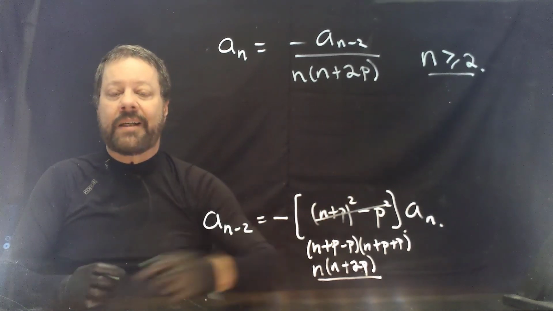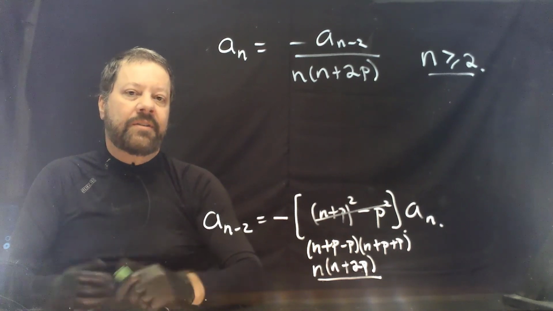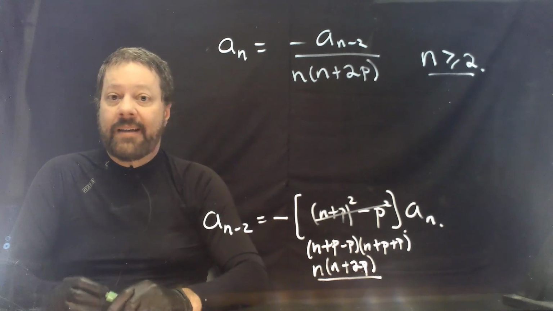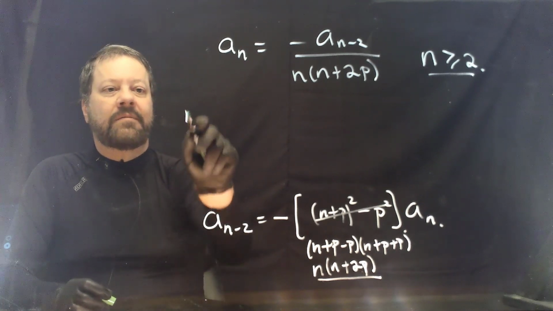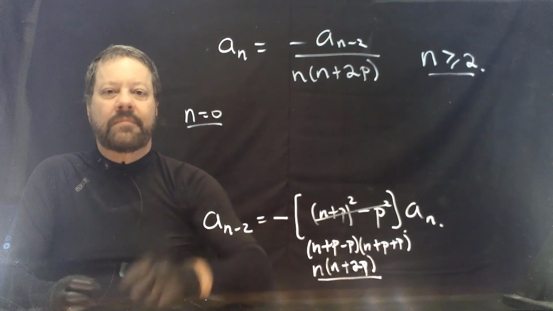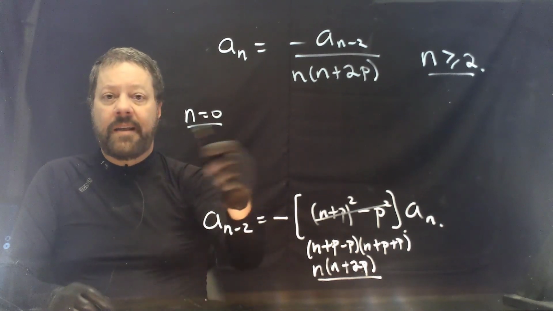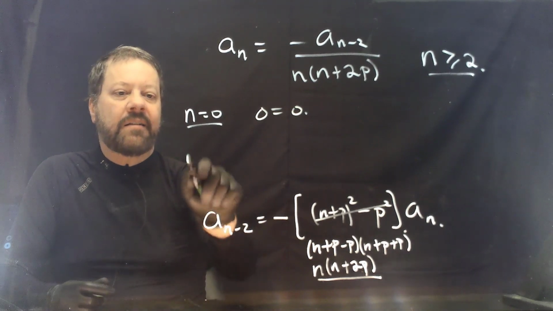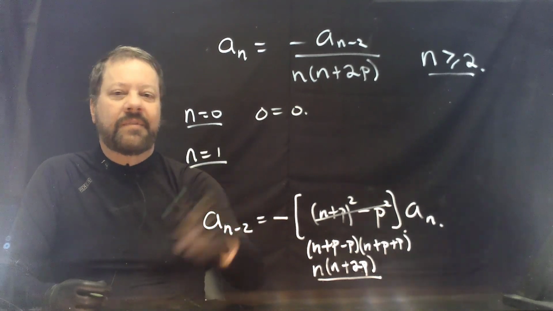We still have to account for the other 2 terms in the sums, n equals 0 and n equals 1. In the n equals 0 case, we get the tautology 0 equals 0.